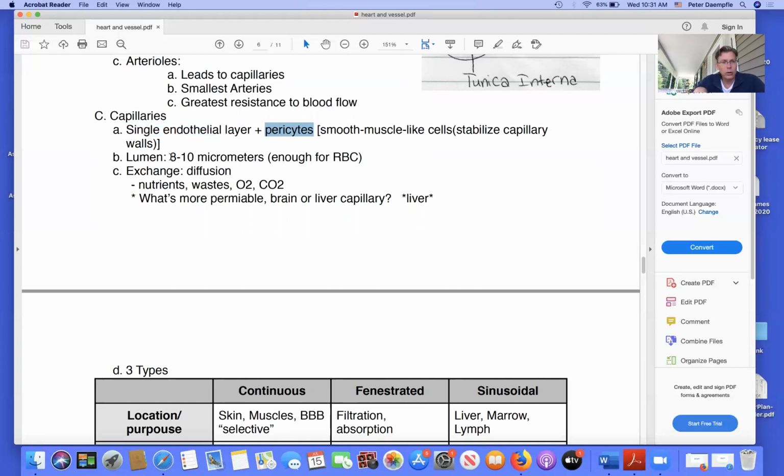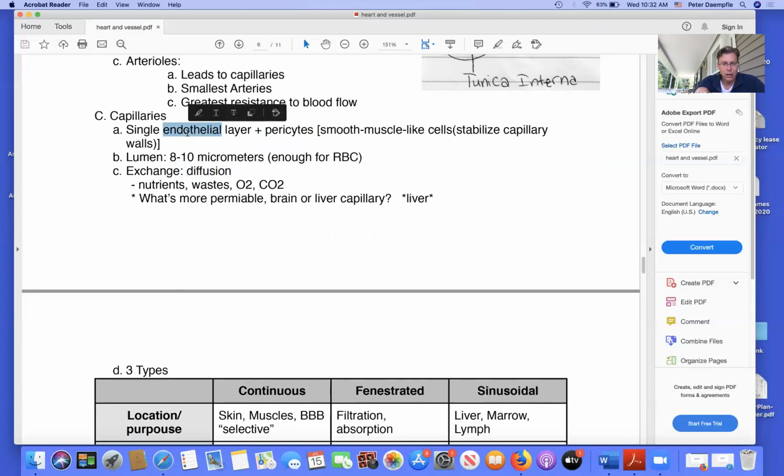If you were to take a cross-section of the lumen of a capillary, it's only 8 to 10 micrometers, enough for a red blood cell, maybe a bacteria, but not a whole cell. It's a small place, and its main function is diffusion. As you can see from the anatomy, it fits the physiology.